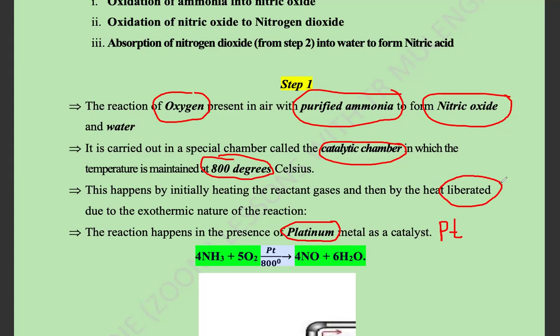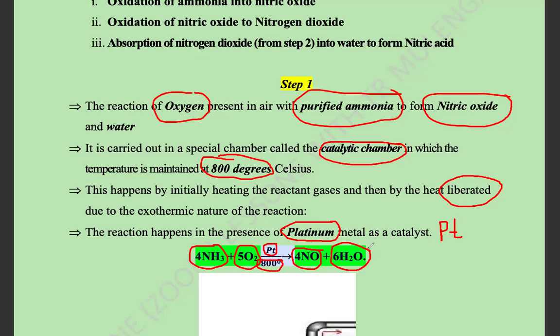But at the beginning, remember, oxygen reacts with the purified ammonia. In the presence of a catalyst, platinum, at 800 degrees centigrade, what is actually formed is nitrogen monoxide, also called nitric oxide, as well as water.